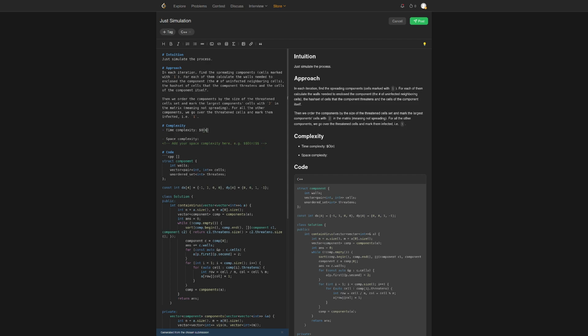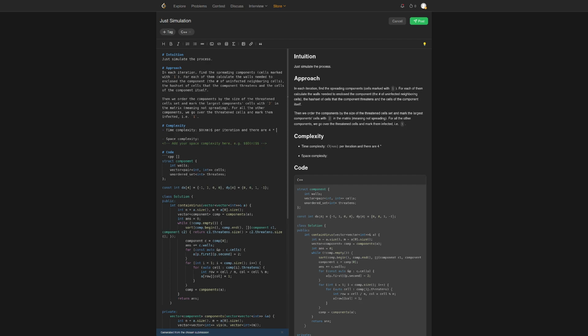O of nm per iteration, and so in first iteration, let's say we flood 4 cells, then we flood 8 cells, and so on. So there will be at most how many iterations? 4 times.